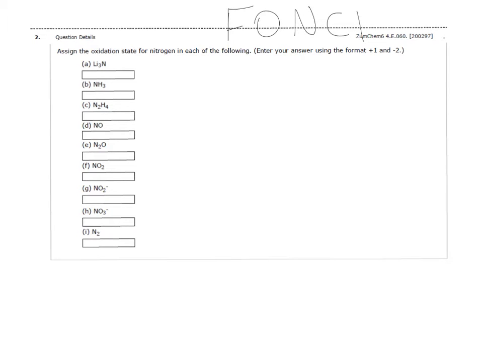So for almost all of these, unless paired with oxygen or fluorine, nitrogen's going to have a negative oxidation state. And we'll see how it shapes up with each of these compounds. So in part A, we have lithium paired with nitrogen. First of all, you see a metal paired with a nonmetal, nitrogen.